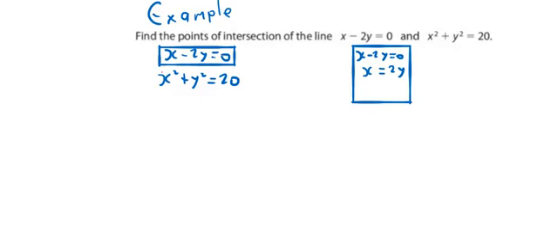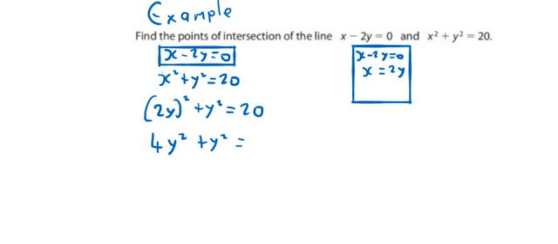So like we were saying, x equals 2y, therefore I can put 2y squared in there plus y squared equals 20. So 2y squared would be 4y squared because we have to square everything in there, plus y squared equals 20.